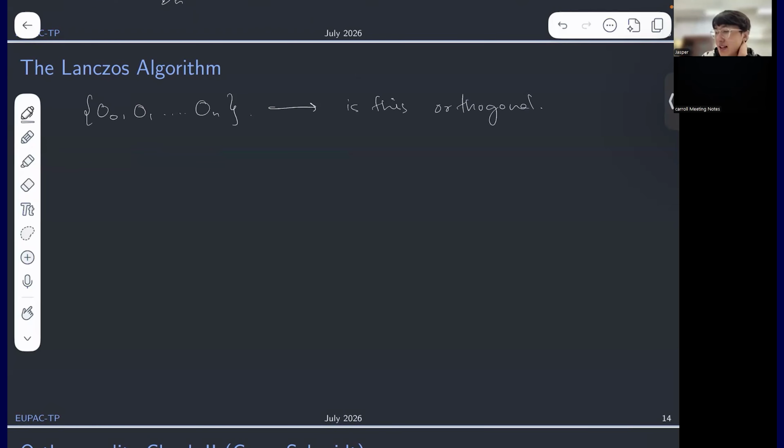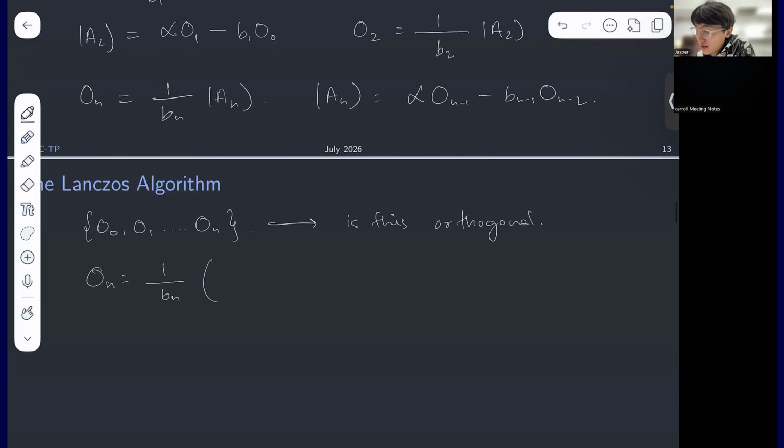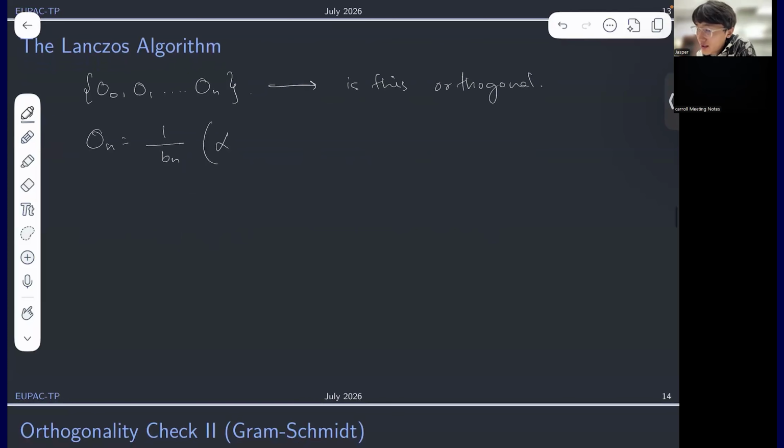Because I cheated a little bit while defining this new basis. As you can see, for On, I have defined 1 by Bn times the Liouvillean acting on O n minus 1, minus B n minus 1 times O n minus 2.